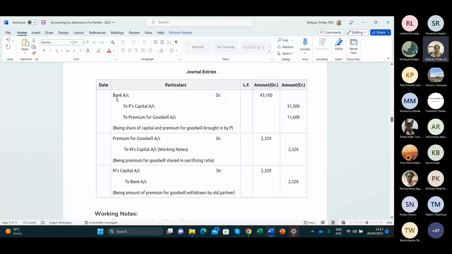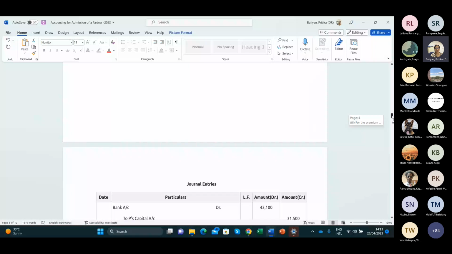He brings the capital of 31,500. He also brings the premium, the extra surplus of goodwill, of 11,600. So the total amount brought into the business is 43,100, including the capital and goodwill. Then according to the proportion they sacrifice, we calculate that proportion of the goodwill for the old partners.